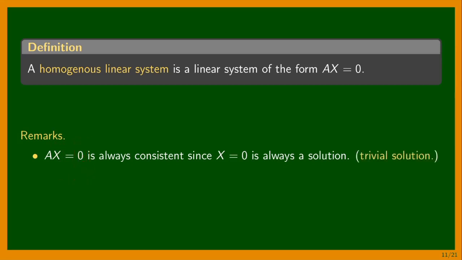The solution which only has zeros as its values for the unknowns is called the trivial solution of the homogeneous linear system. Again, take note, a homogeneous linear system always has a solution, namely the trivial solution. So it's not really a question of whether this has a solution or not, because it always has a solution.